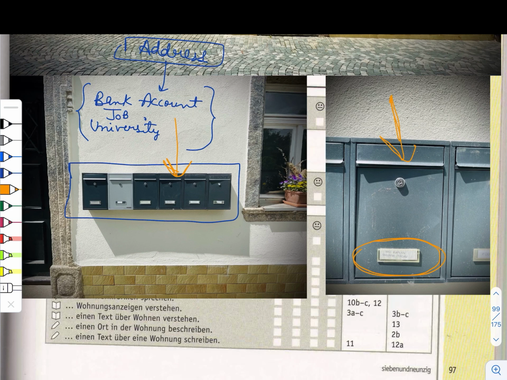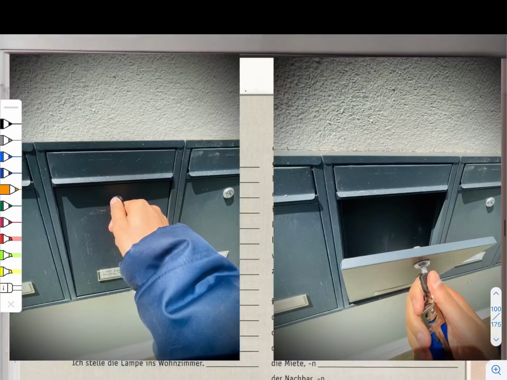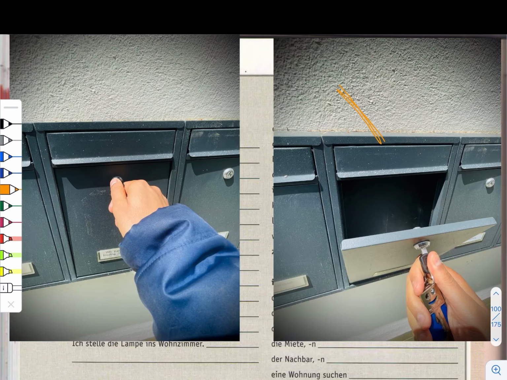So for example, here my name is Mayank, so they will send me post here. Then I will check every day, and if it is there, then I will collect it. Okay, so this is the meaning of post there.